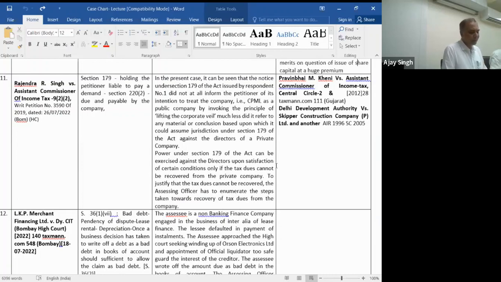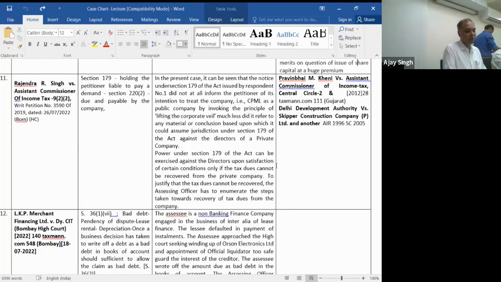So the courts have reaffirmed this particular position that the officer before issuance of 179 should record this fact, that yes, they have done this attachment or they were not able to recover any amount, and the tax dues cannot be recovered from the particular company, and in that context thereafter they can proceed only after recording the further satisfaction of the assessing officer.